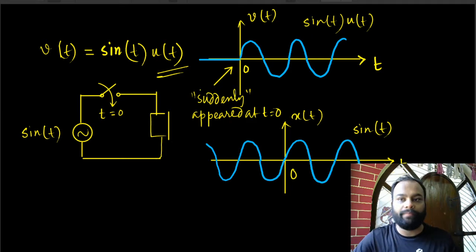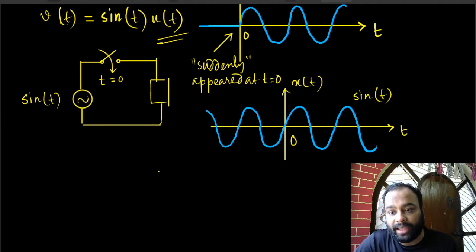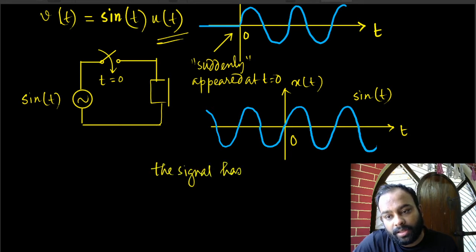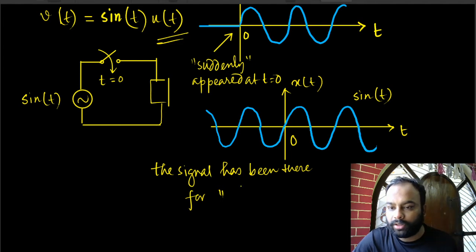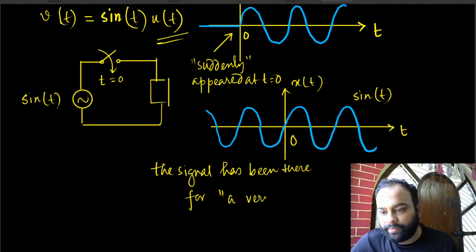When a signal suddenly changes at a point of time, what happens? That moves the system into a transient state until the next steady state is reached by the system. But here the signal has been there for, again, quote unquote, a very long time.